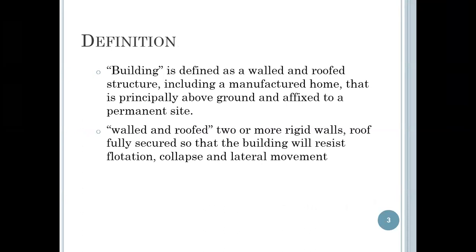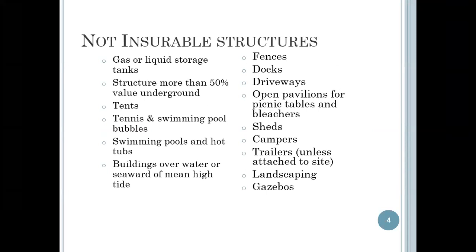So again, under the NFIP, the definition of a building is a walled and roofed building, including a manufactured home, that is principally above ground and affixed to a permanent foundation. Here's where we have our two or more rigid walls, and the roof is secured so that the building will resist collapse, flotation, and lateral movement. So here are some things that we do not insure.